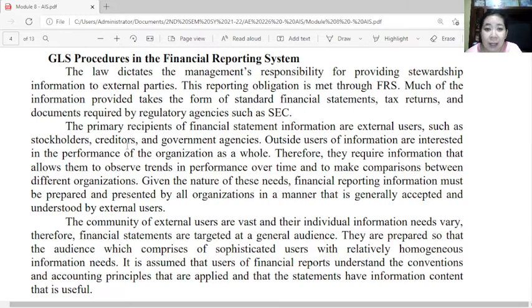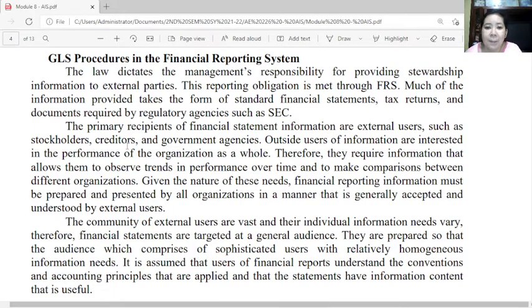We all know that they are the stockholders, creditors, and government agencies. These outside users of information are interested in the performance of the organization for regulation purposes, to monitor the stockholders' investment, return, and payment capability of the entity.